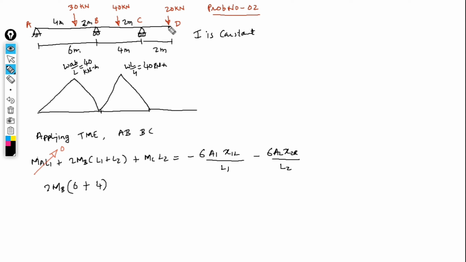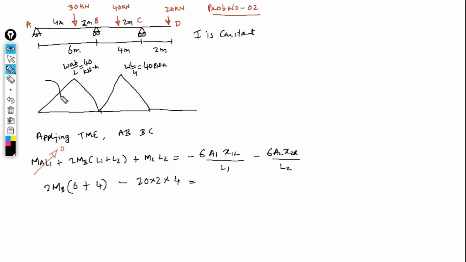You see 20 into 2, and it is creating clockwise movement from D to C. Whenever you are going from right to left, the clockwise movement will be negative, so minus 20 into 2, that is MC, into L2 is 4 meter.